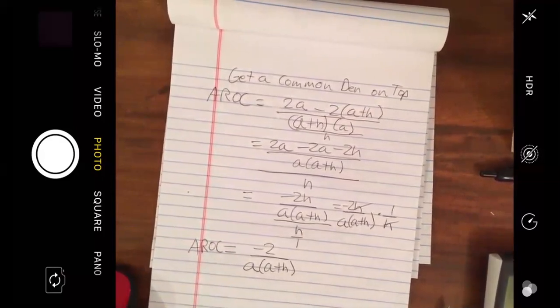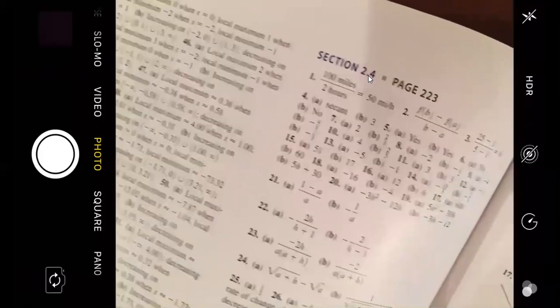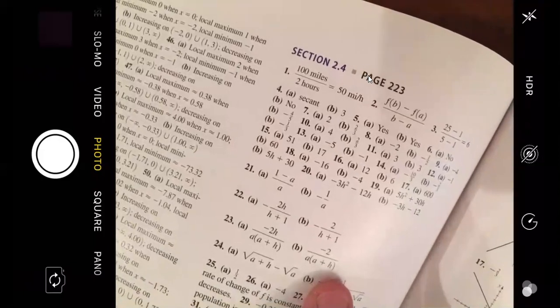2-4, problem 23. Okay. I didn't simplify A, but B, negative 2 over a plus h.